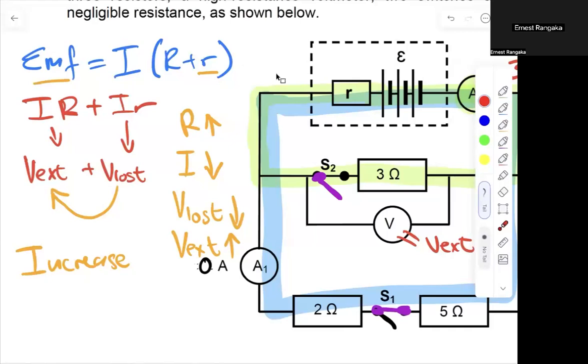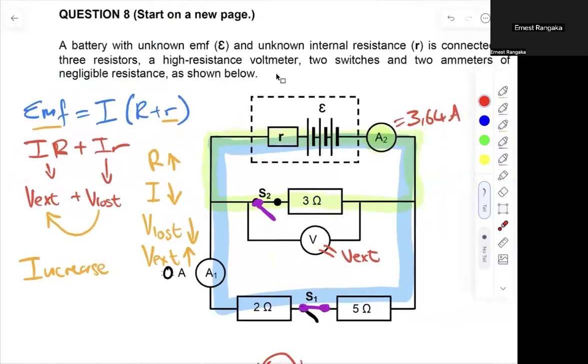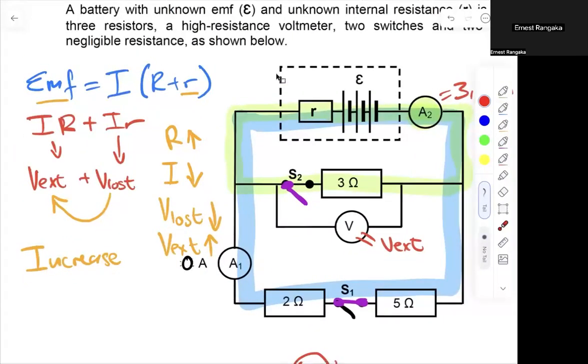When I multiply this out, I capital R is there, I small r is here. What do each of those things tell me? I capital R is V external. That is what my voltmeter reading is going to give me if I've got any kind of voltmeter around my cell or my battery. That voltmeter, when everything is closed, is going to give me a reading of V external.